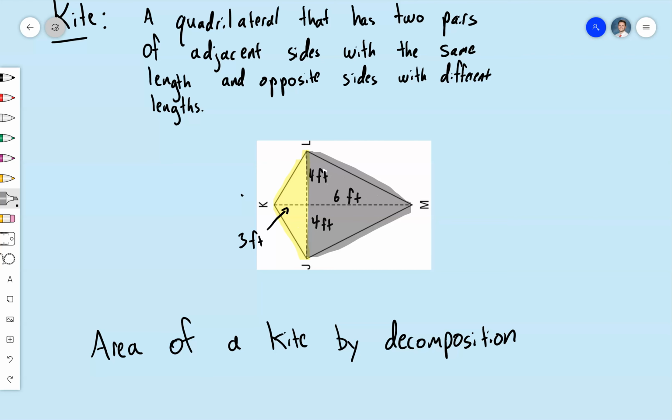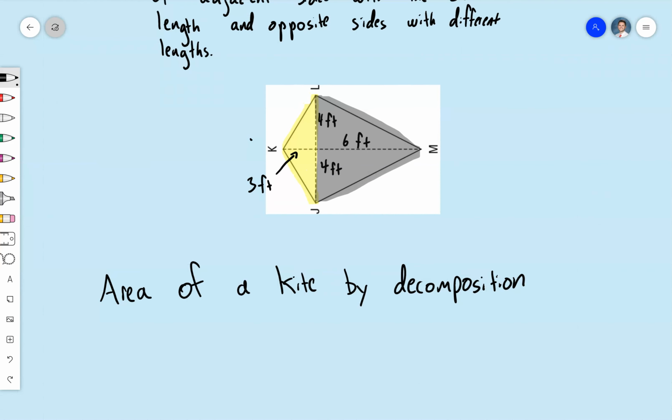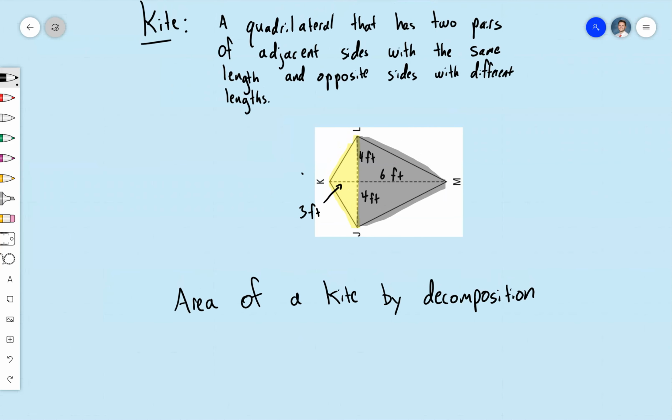As a reminder, our formula to find the area of a triangle is 1/2 times the base times the height, 1/2 BH. So we've got A equals 1/2 of the base times the height.